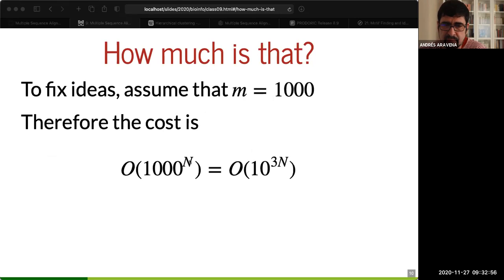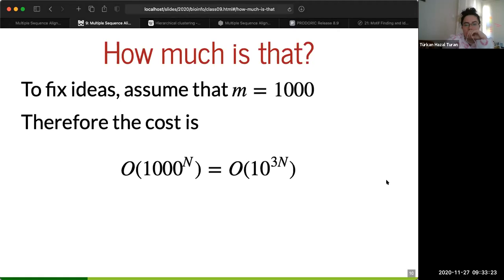Then, for simple math, writing this is exactly the same as writing this one. That is the cost, the number of comparisons that we have to do to align the n sequences of length 1,000. Okay?